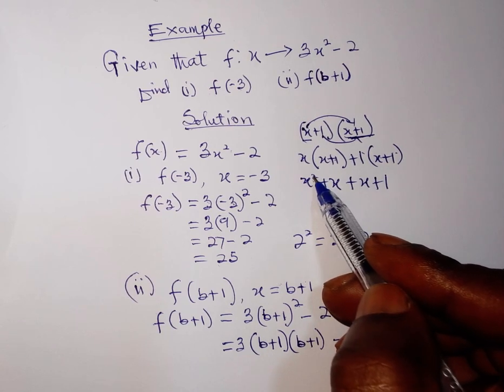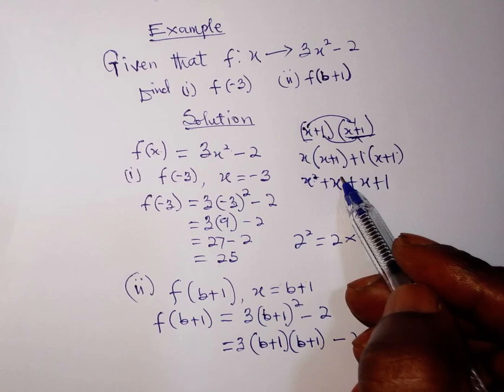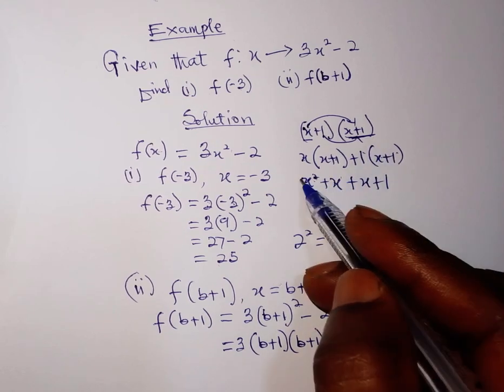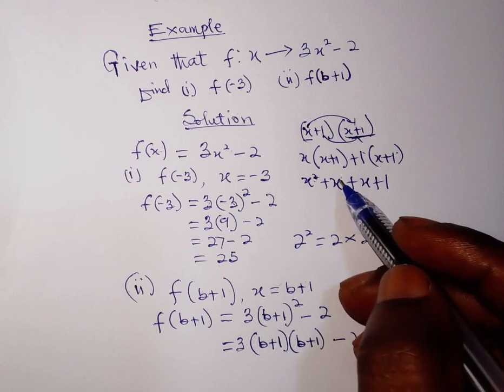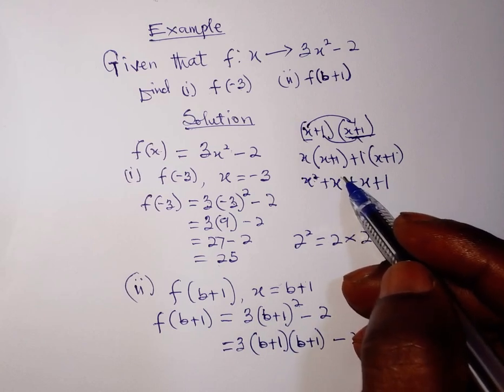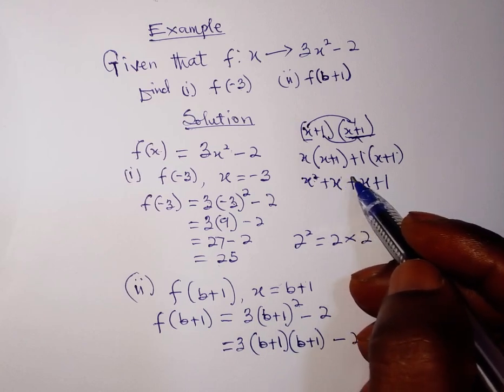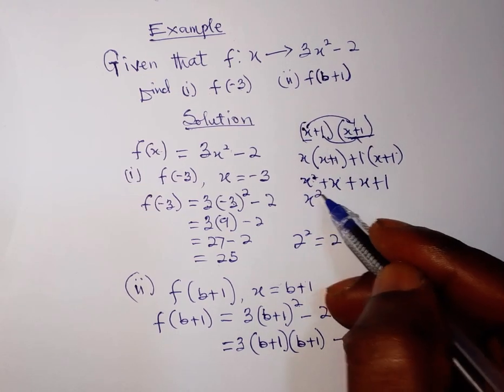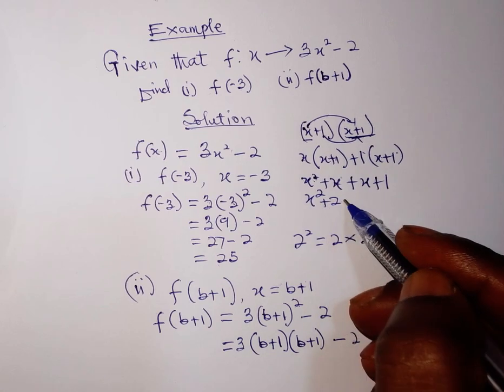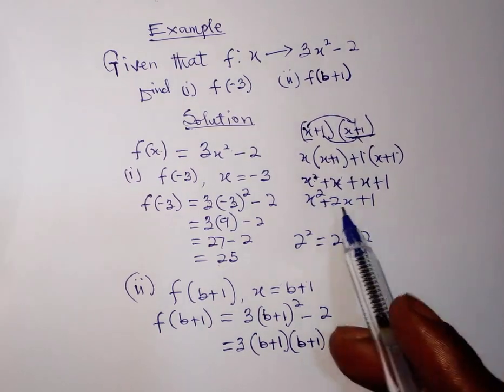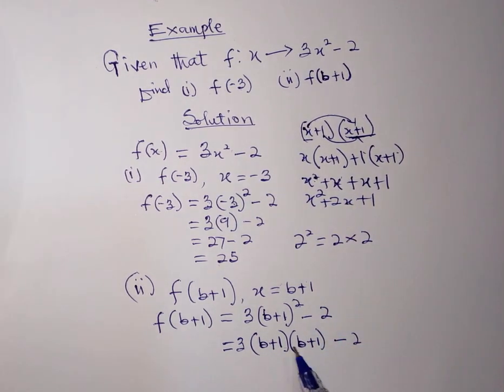You have exponent 2, or the degree here is 2, here the degree is 1, so they are not like terms. So you can't add all the x's. You add those that have the same degree, okay, or the same exponent. So I will maintain this and add this to this, which will give me what? 2x plus 1. So we are going to apply the same method here to do that.